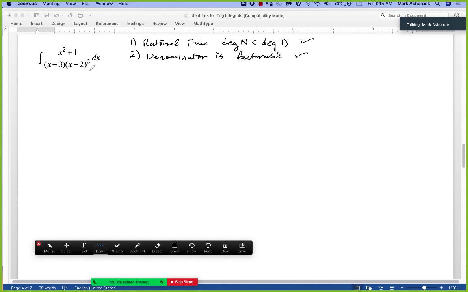So the different thing about this example is that we've got x minus 3 times x minus 2 squared. What we have to do is consider every possible denominator that would contribute to this being the common denominator. So it's not just x minus 3 and x minus 2 squared, although those are possibilities. But then there's another possibility that these two don't take into account.